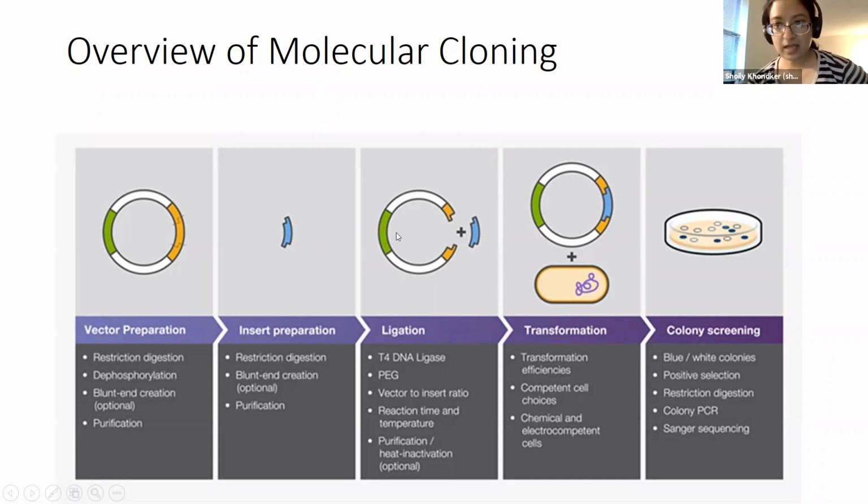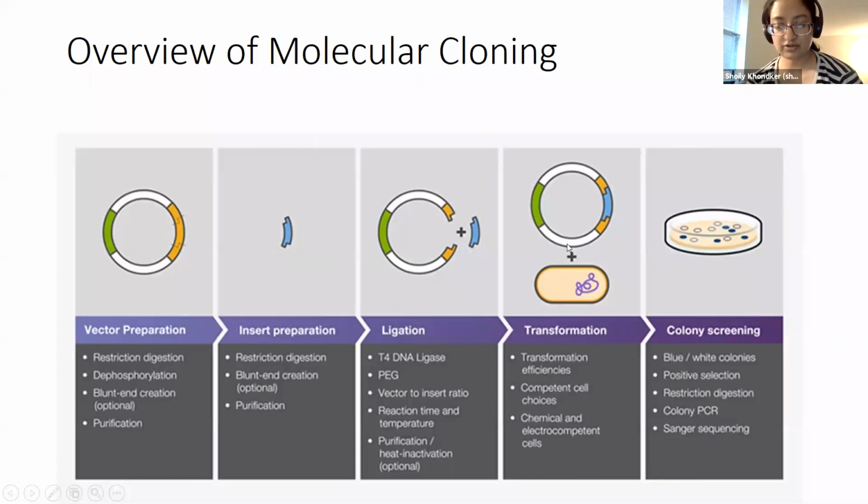And the ligation step will give you a completed plasmid that contains your gene of interest as well as some kind of selectable marker. This is then inserted into an organism such as E. coli or yeast. In this case, they're showing E. coli.